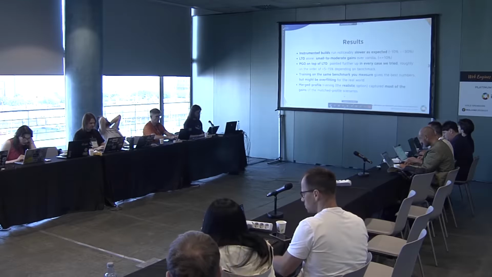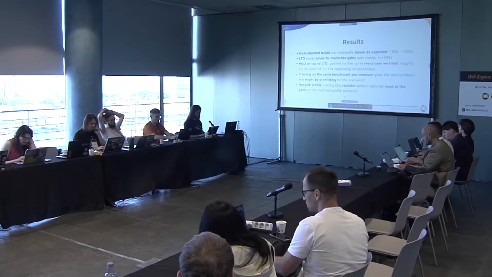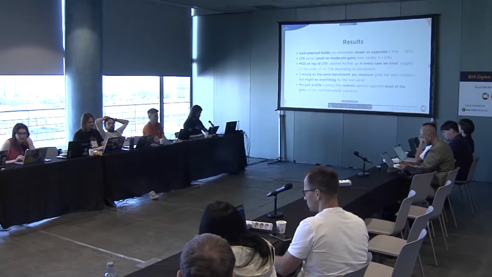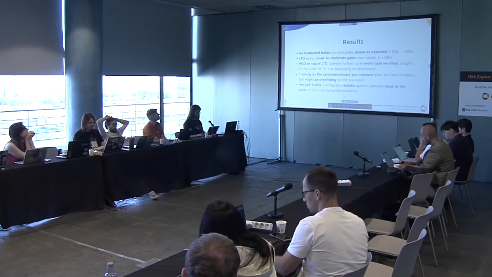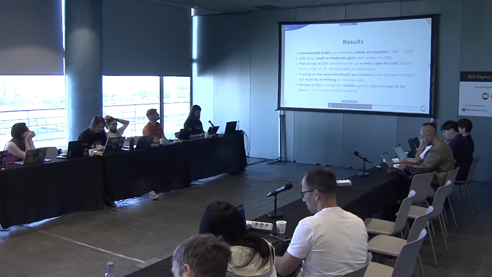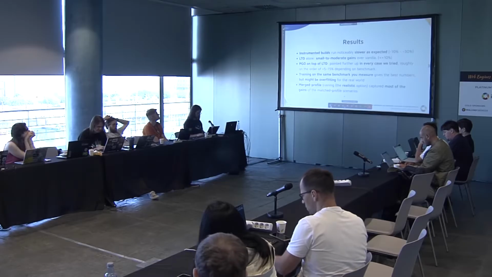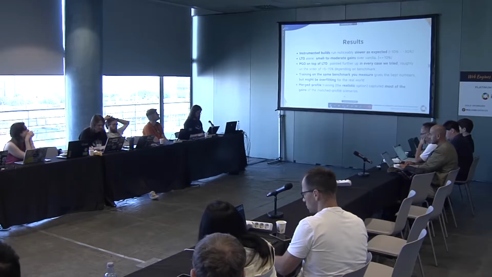And PGO on top of LTO was basically always improving the results. The best case scenario, kind of cheating in a way, was, for example, using the MotionMark training data to optimize a build and rerun just MotionMark.